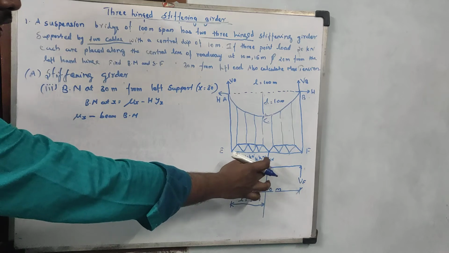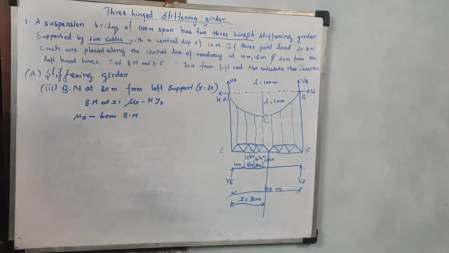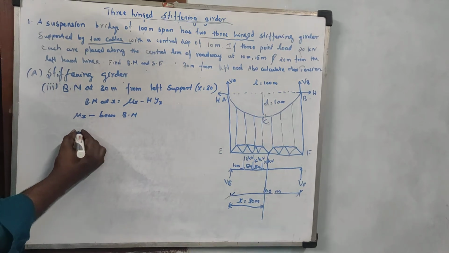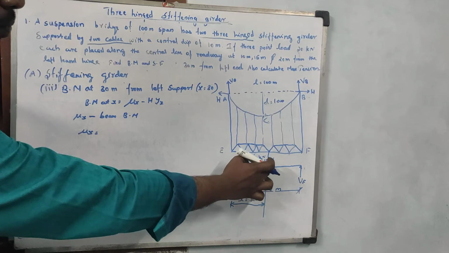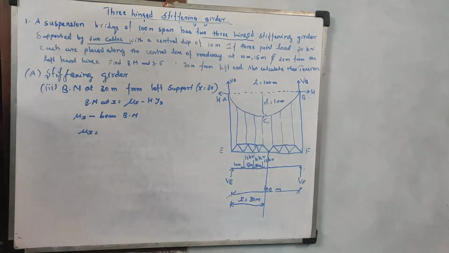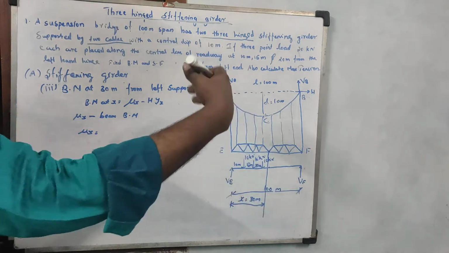Bending moment at x equal to Mu x, the bending moment at this point. We can consider right side or left side. It will be easy if you consider the right side.